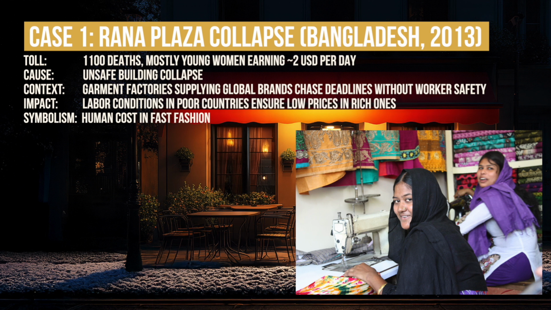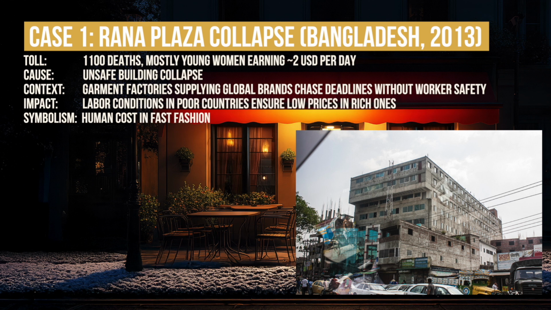The disaster was likely a long time coming, as extra floors had been added to the building illegally and improperly, and heavy machinery was placed on them. The day before the collapse, people actually noticed huge cracks in the walls.